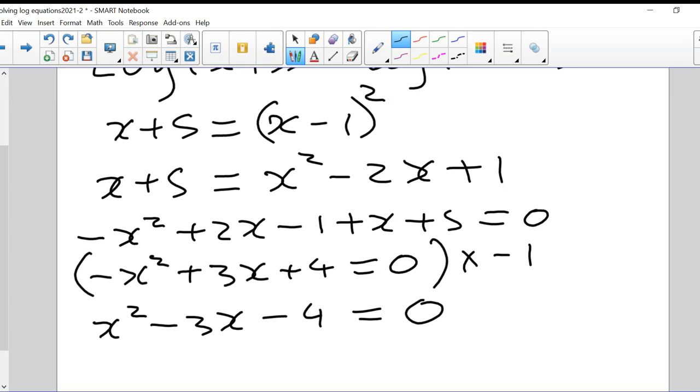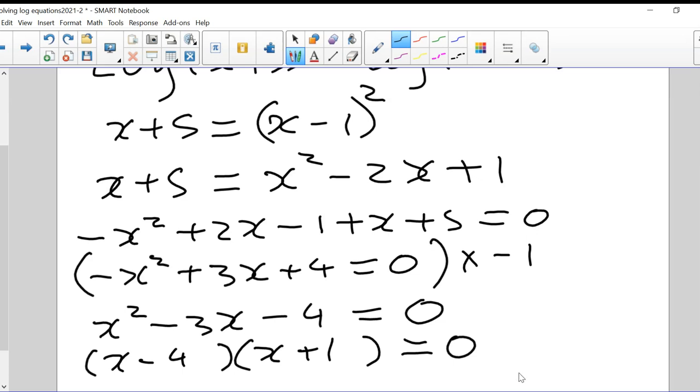Okay. So can we factor this is the question. Can you factor what's there now? Right, I need your help, folks. I need you to chime in there. So minus 4 and 1. Okay. So x minus 4 and x plus 1 is what I'm hearing, equals 0.